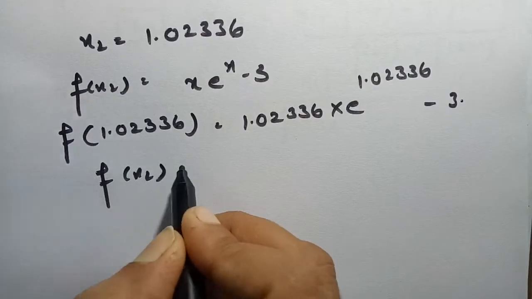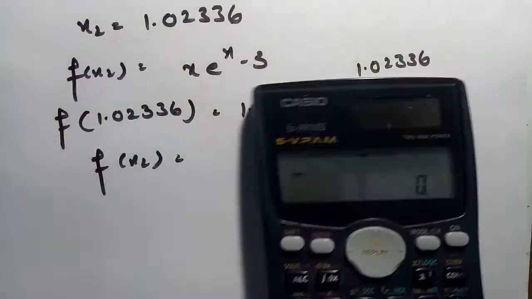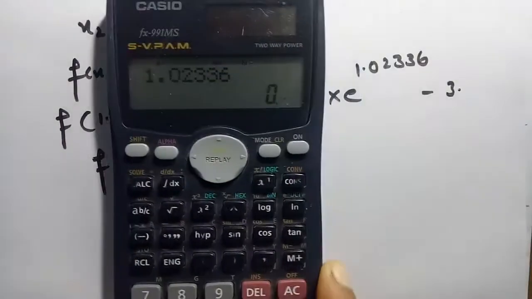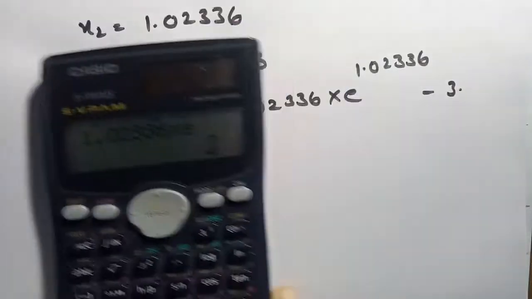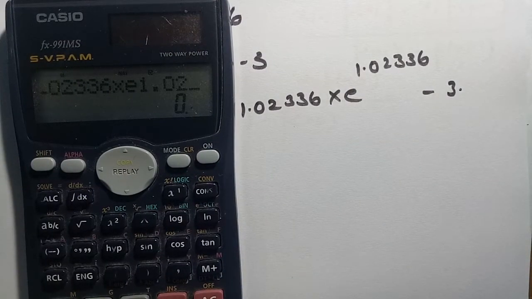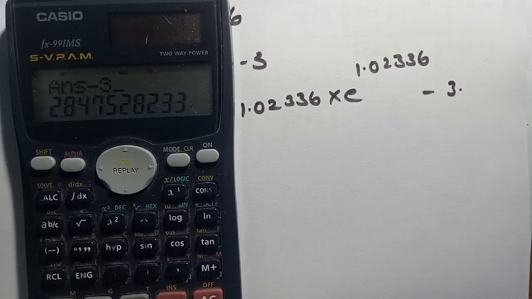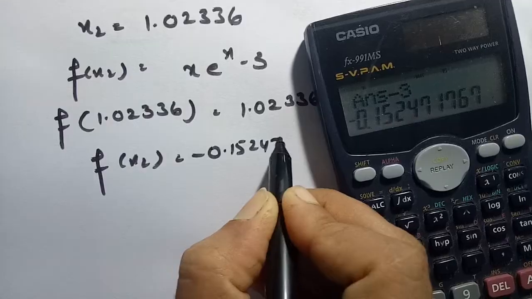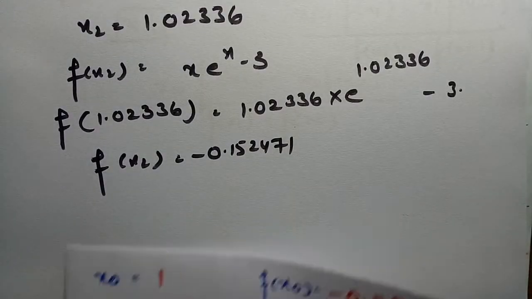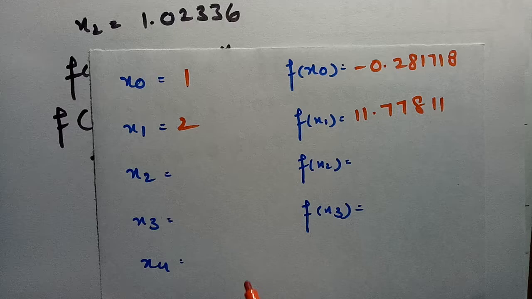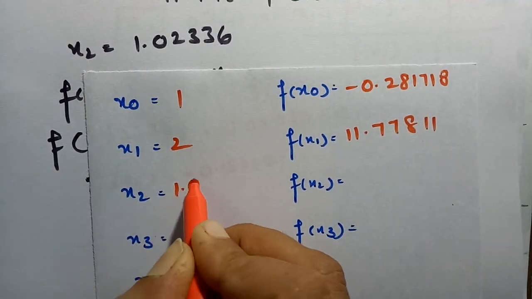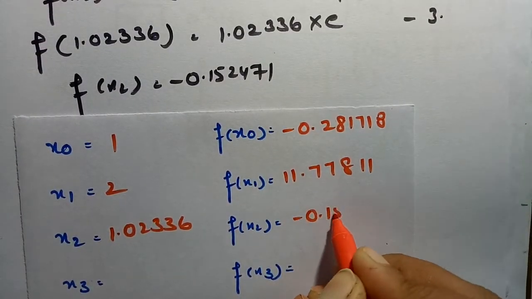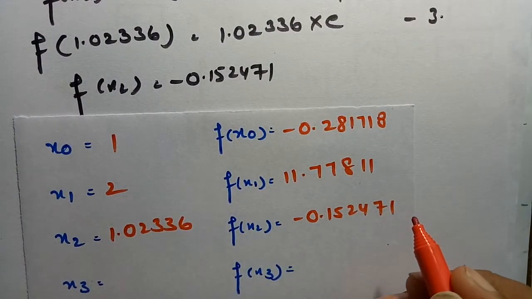So f of x2 value will be, if I check the answer here, 1.02336 into e power 1.02336 minus 3, so the value here is minus 0.152471. So our x2 value is 1.02336 and f of x2 value is nothing but minus 0.152471.